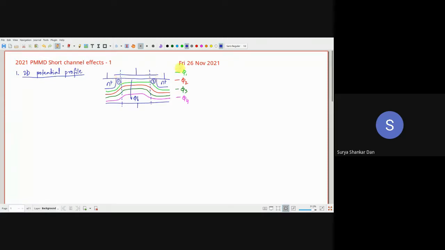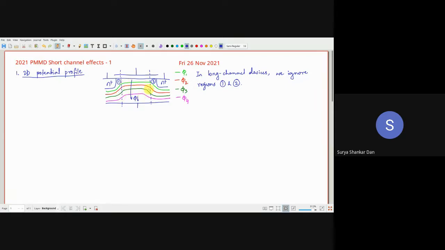So in long channel or simply large devices, we ignore regions 1 and 2, just because the majority portion of the channel is essentially flat. Okay.